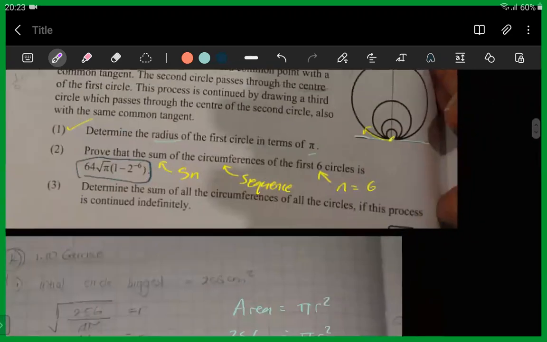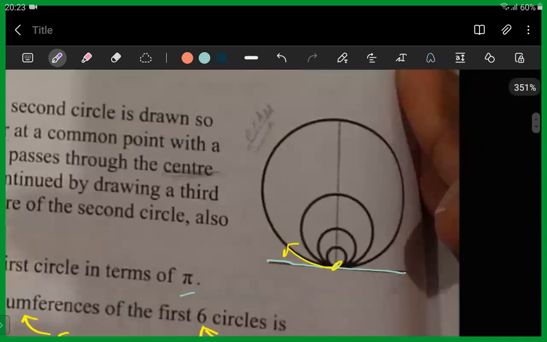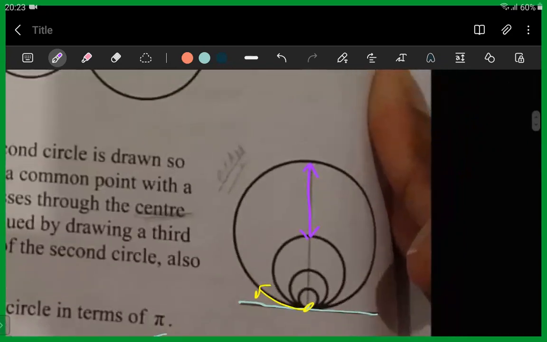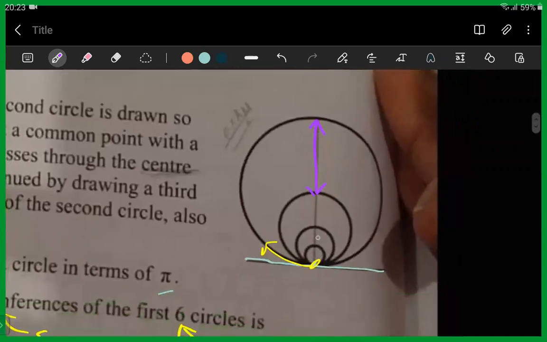The logic here is that the first circle has this as the value of r. For the next one, do you see that the value of r keeps getting cut in half?